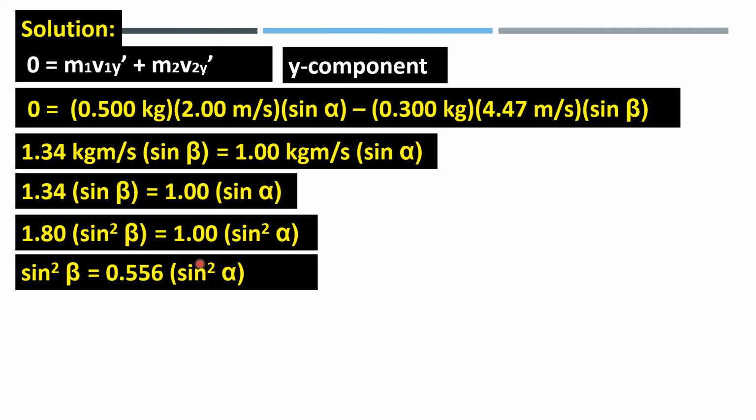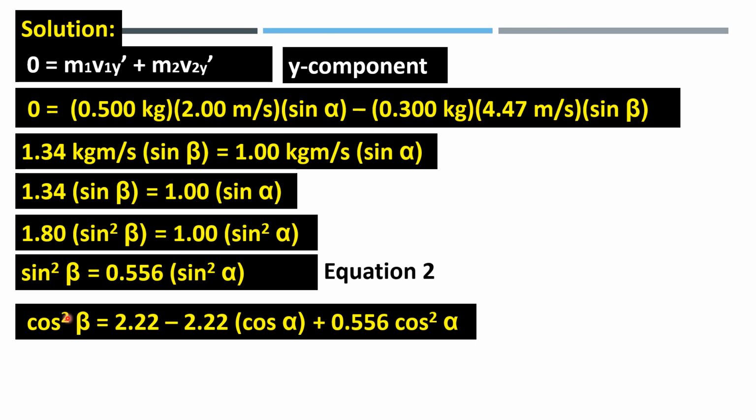And we simply bring down sine squared alpha. This is the equation where we make use of the y component, and we label it as equation 2. Earlier we have equation 1. This is now equation 2. We need two equations in order to determine the two variables, angle alpha as well as angle beta.